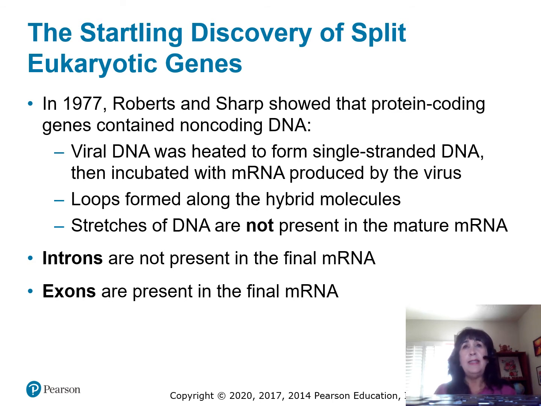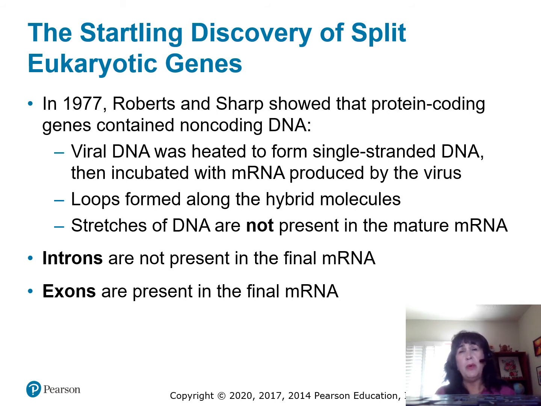In 1977, Richard Roberts and Phillip Sharp found that DNA had coding, but it also had non-coding regions. So not all of DNA is going to code for proteins. There are other regions that contain promoters, and then there's just non-coding regions. And so there's introns and exons.